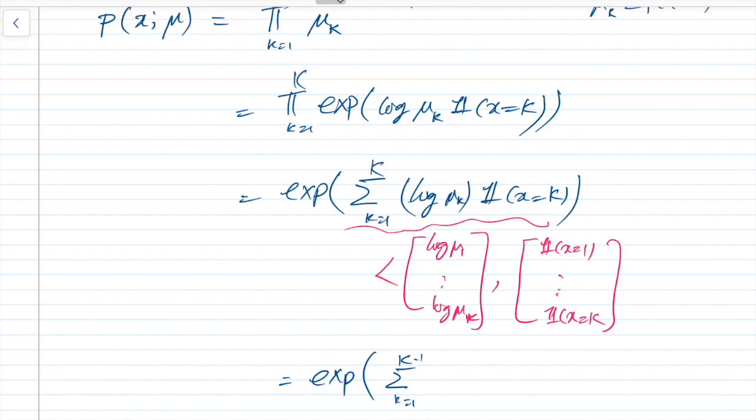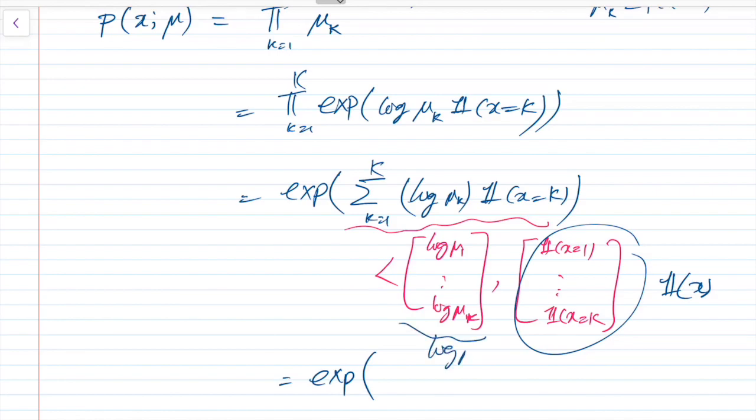I'm going to call this like this for shorthand, to avoid writing this again and again. And I'm going to call this log of mu for shorthand. So let's call this log of mu transpose with 1x. Let me call this k minus 1 because you want to take the other one out.